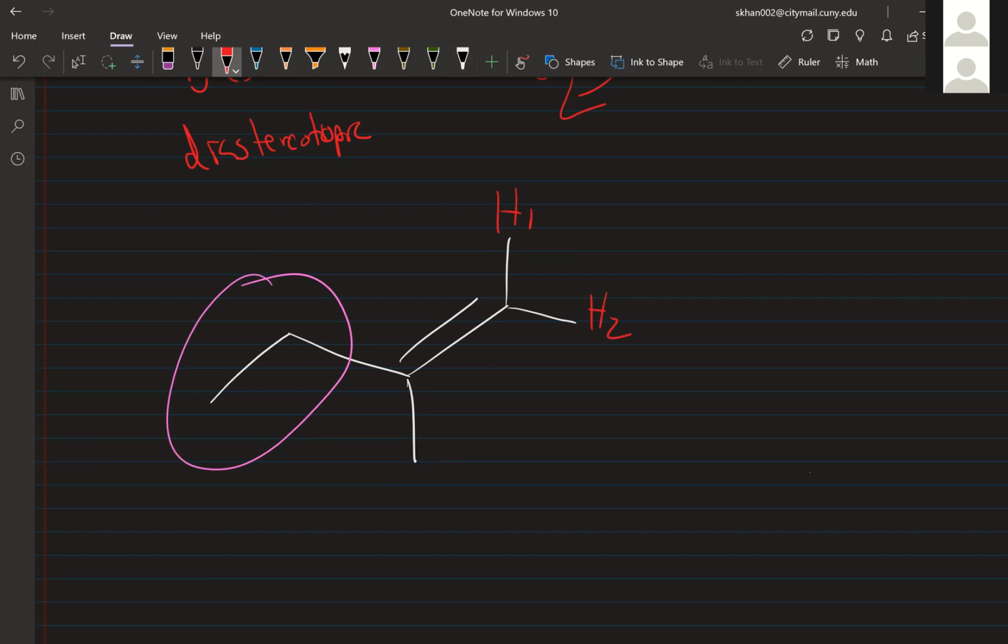If we were to do a replacement test, as it is right now, we can't really give any stereoisomerism, because this is a terminal alkene. But would these protons, if you did a replacement test on them, create the same compound?